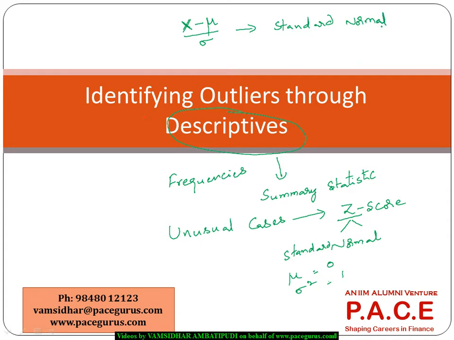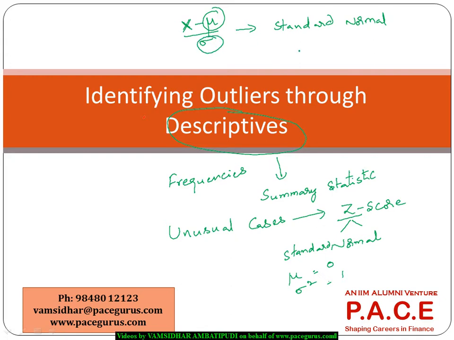score. So every data, whatever its size or dimension, would be converted into a standard normal form with a mean of 0 and standard deviation of 1.